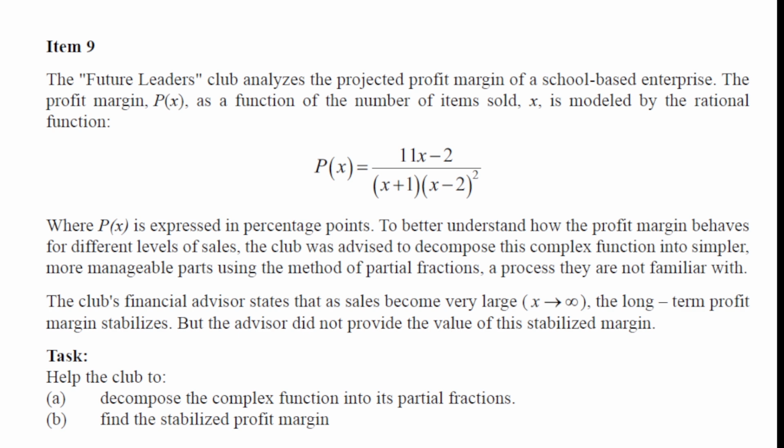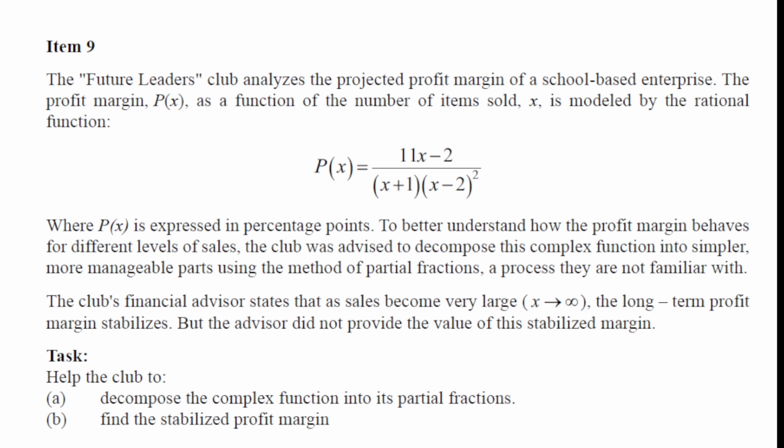The club's financial advisor states that as sales become very large, that is, if x tends to infinity, the long-term profit margin stabilizes. So it means we have to find the limit as x tends to infinity of the profit margin, and that is the value that we need to get. Because even the last statement says, but the advisor did not provide the value of the stabilized margin.